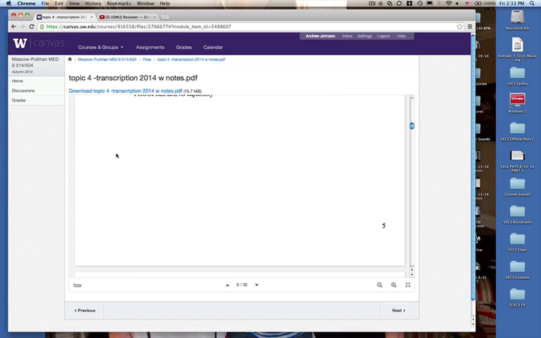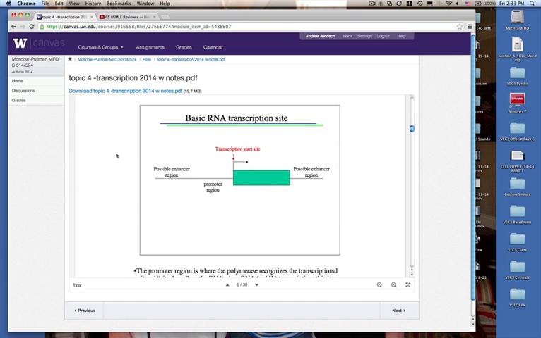Right. So every protein coding gene and every RNA encoding gene is going to have the basic structure of this, the transcriptional unit, we would call this. Okay, so here's the gene of interest that we want to transcribe, that we want to make an RNA from.